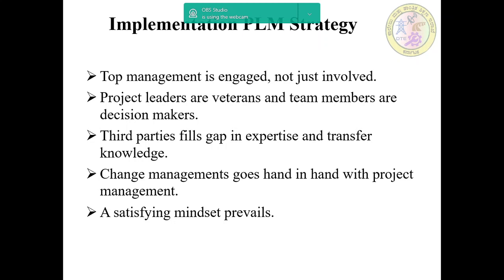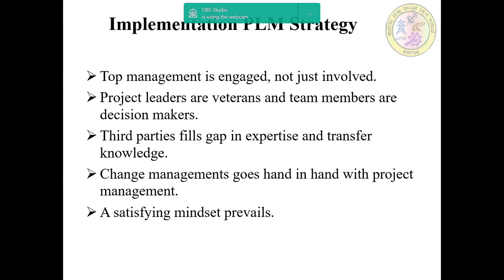Enterprise resource planning is a part of PLM and is implemented in organizations for their successful operation. Thus, we can look into the system to see what separates successful implementations from unsuccessful ones.